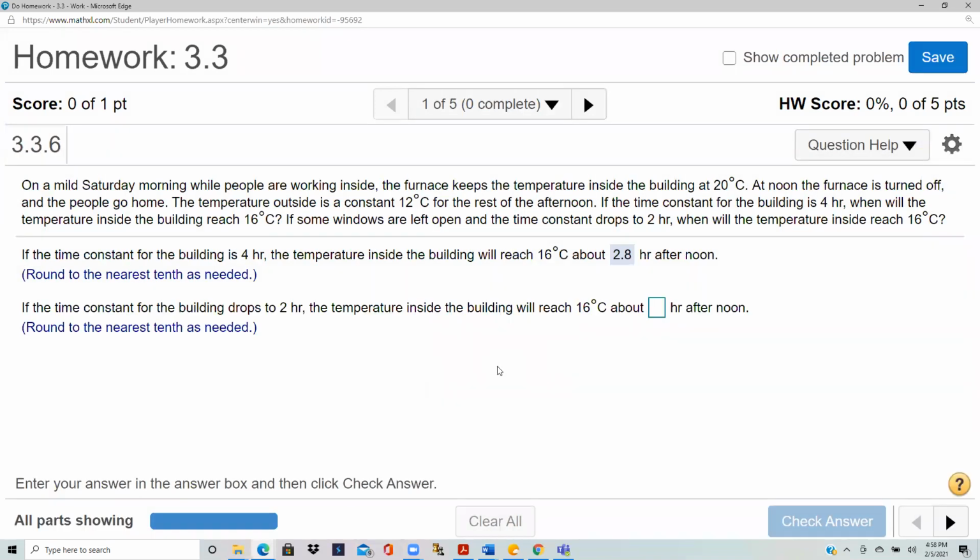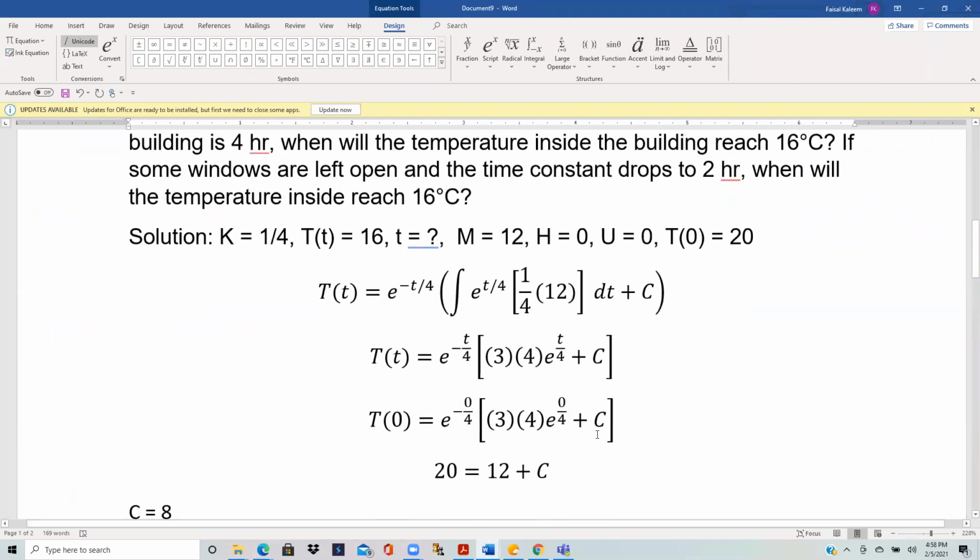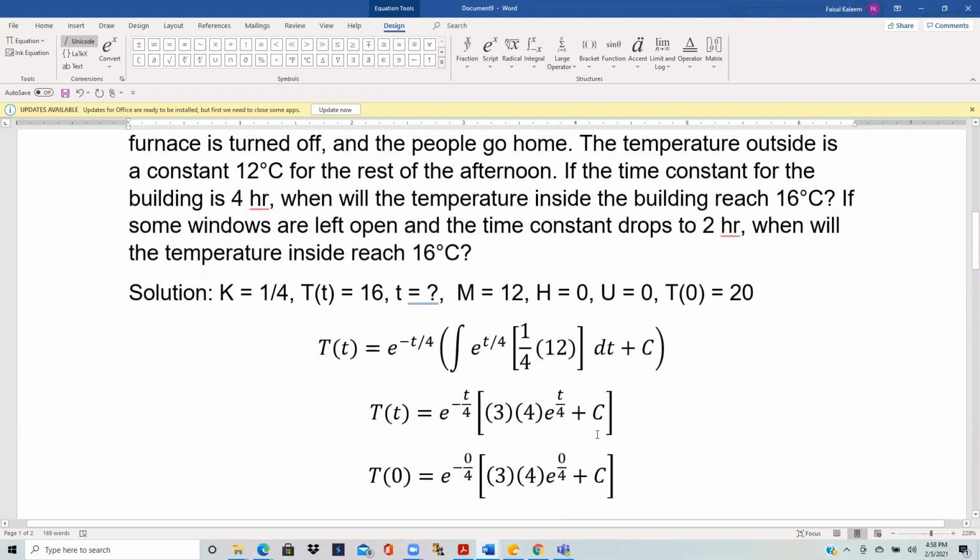Okay, so now the second part is you just repeat the same. Now the time constant is 2 hours instead of 4 hours. So just change the value of k accordingly. Remember, k is 1 over time constant. So basically you will just repeat the problem from the beginning.